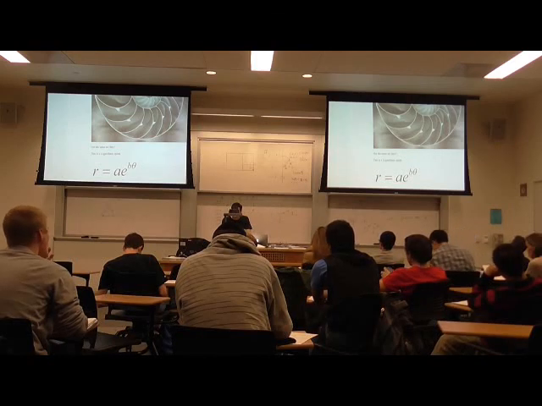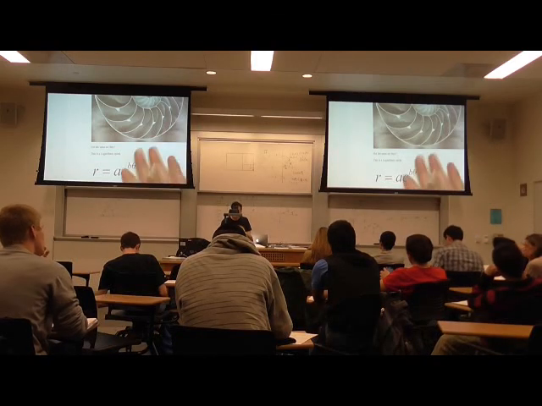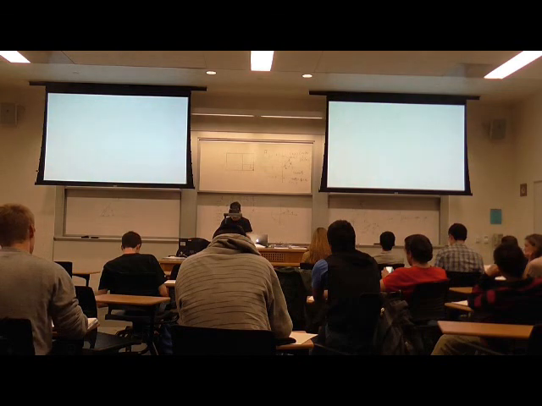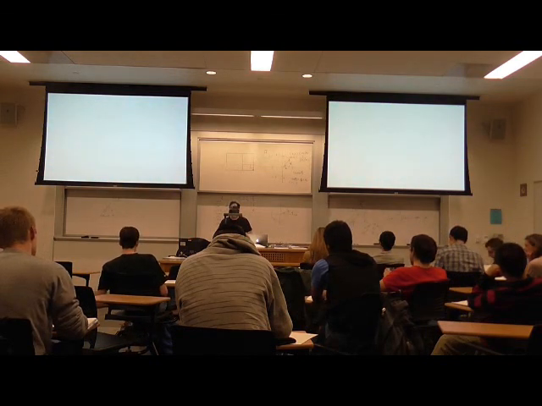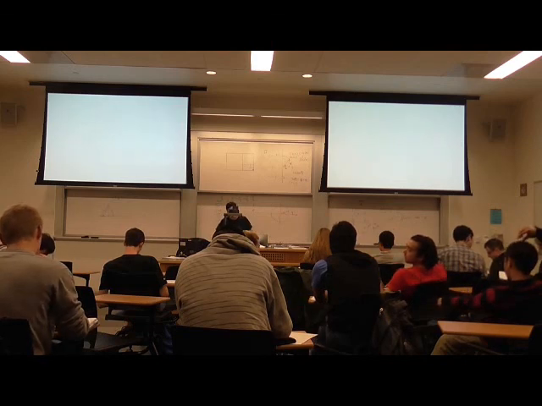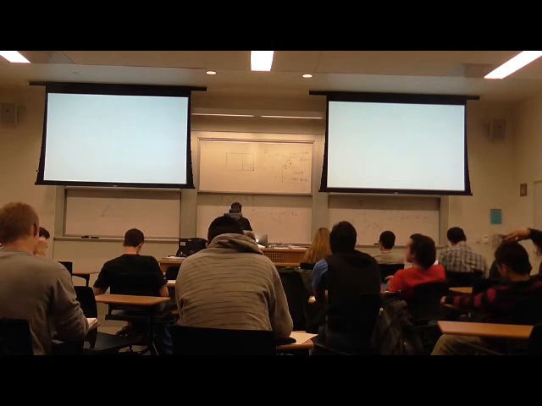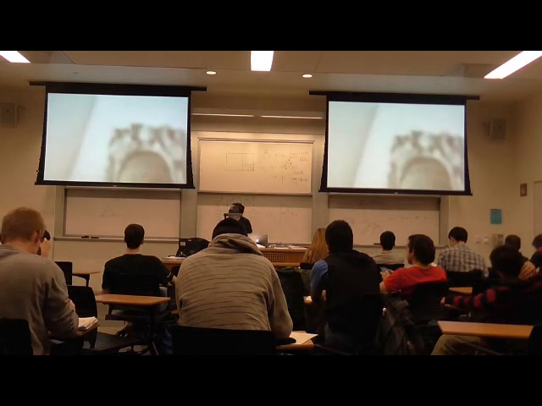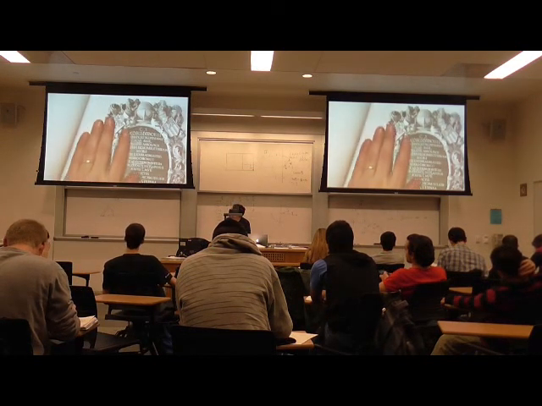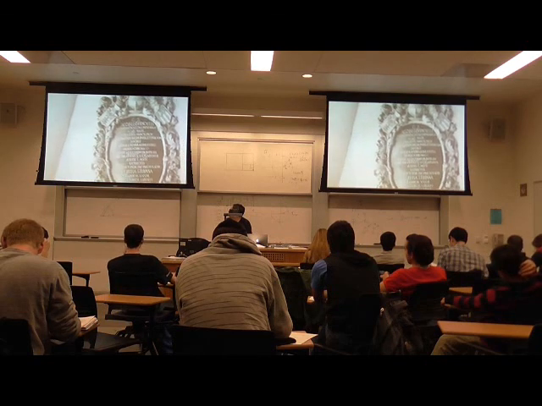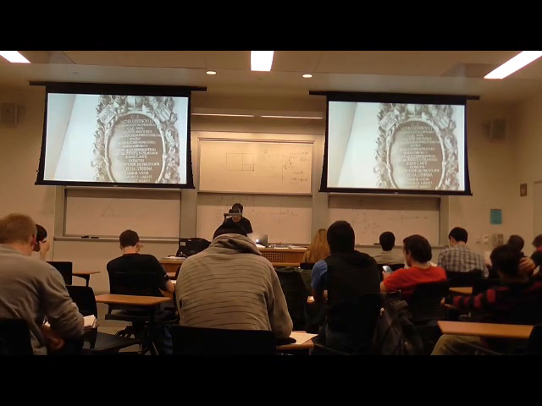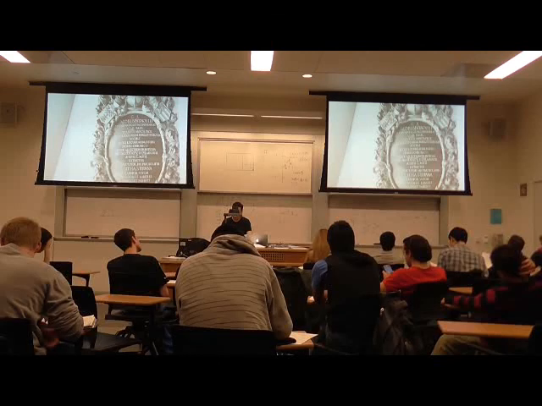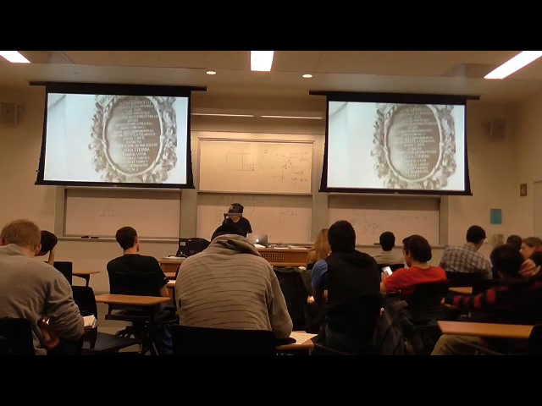And I think the other day we were talking about Bernoulli. Well, it turns out Bernoulli, one of the Bernoullis, Jacob Bernoulli, or Jacobus, which is the Latin, he wanted on his grave an exponential spiral, but he didn't get one.